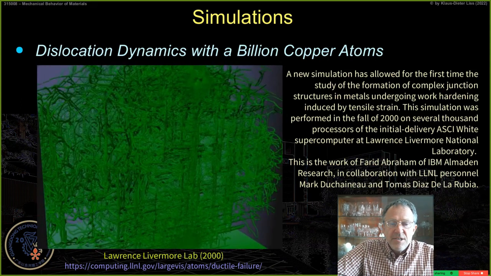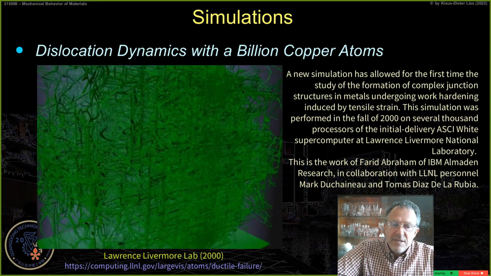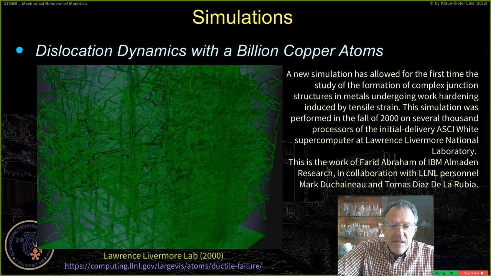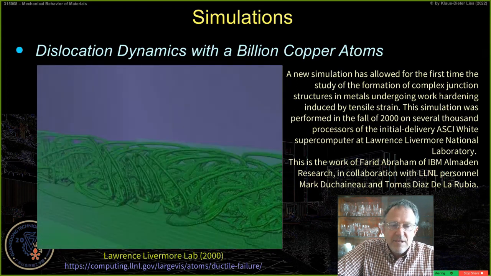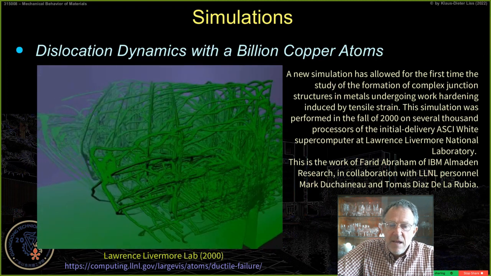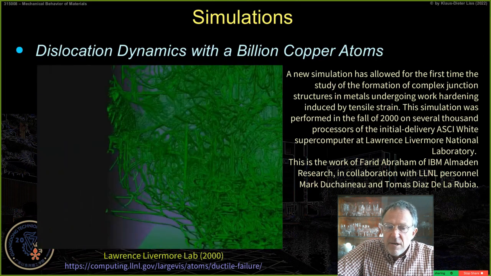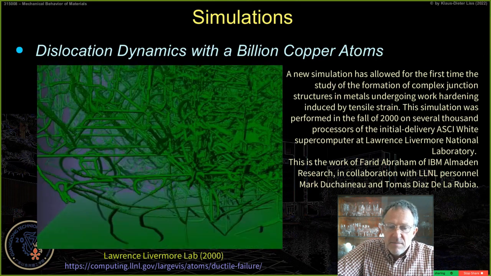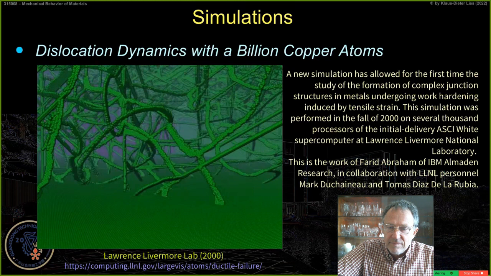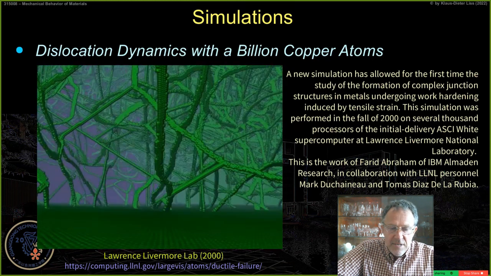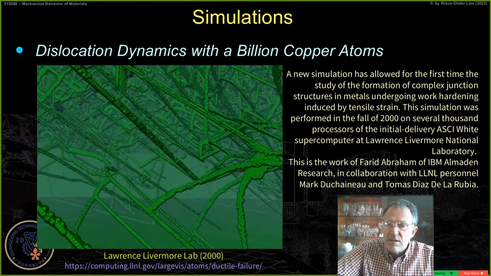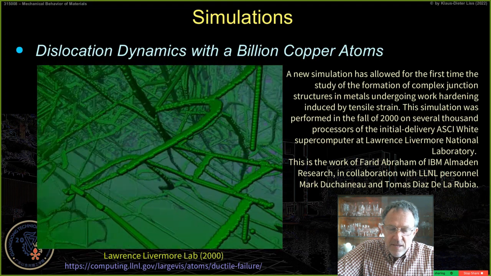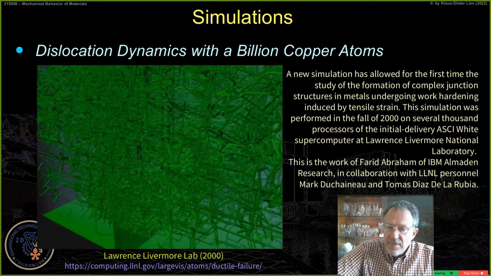People also do computer simulations. So here's, for example, a huge simulation of dislocation dynamics within 1 billion copper atoms, so Cu atoms, FCC lattice, which has been computed at the Lawrence Livermore lab in the year 2000, so 22 years ago.